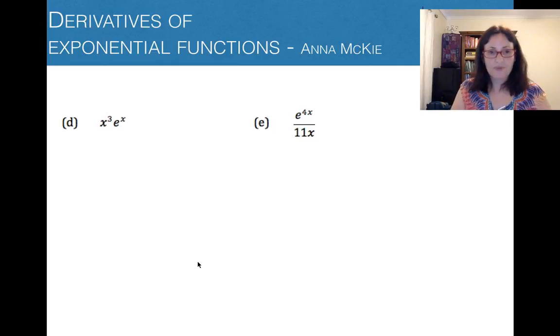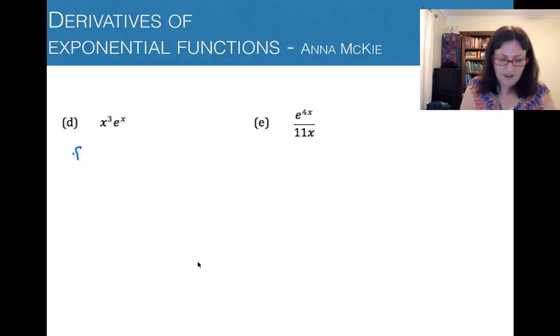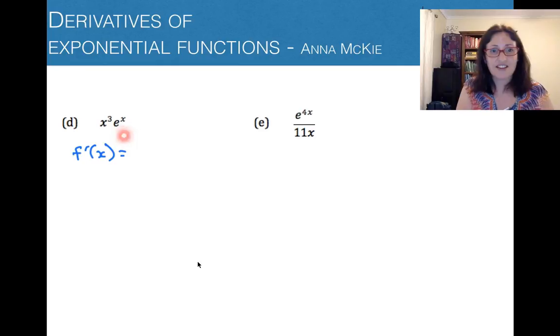Moving on. Now, thinking about what rules you might need to help you differentiate these. Two that we've been working on, the product rule here and the quotient rule here. So let's do them. So f dashed of x would be equal to, you differentiate the first and leave the second.